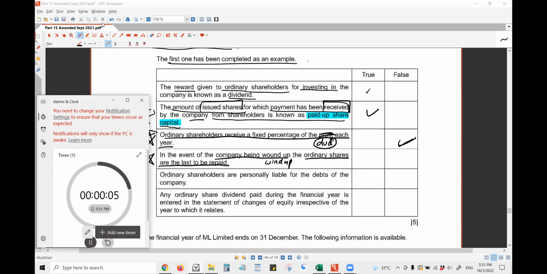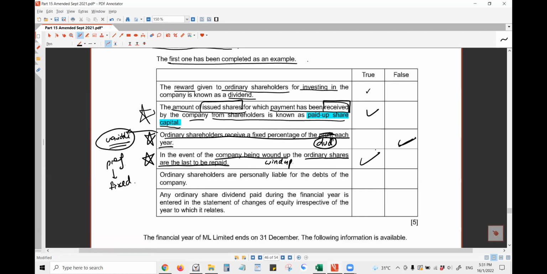Okay, wait for one more answer. Good, everyone has answered. The answer is true. Why? Because when the company closes down, ordinary shareholders are the last group of people in getting back their money. So I show you where you learn this.